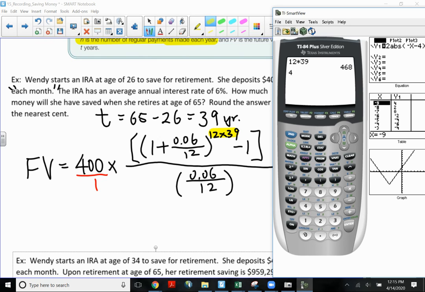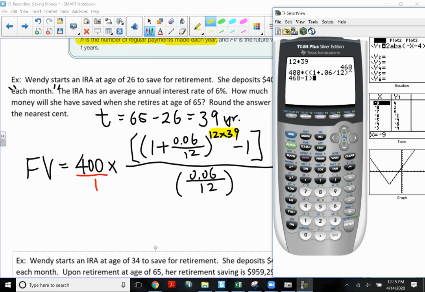Now I'm going to take the 400 times the bracket, which is going to be a parenthesis. Open another parenthesis for the 1 plus 0.06 divided by 12. Close parenthesis. Then exponent 468 minus 1, close parenthesis.